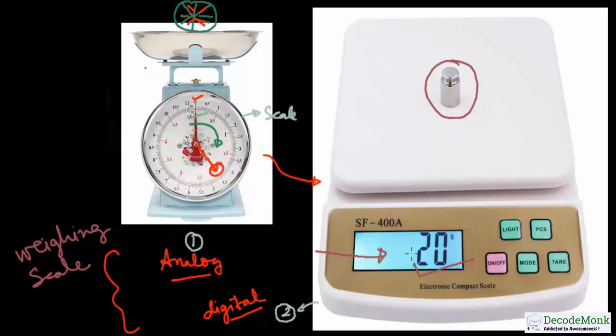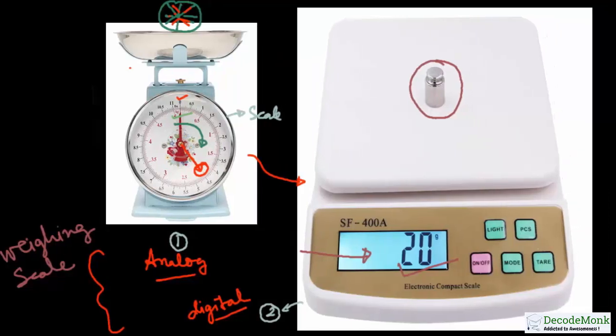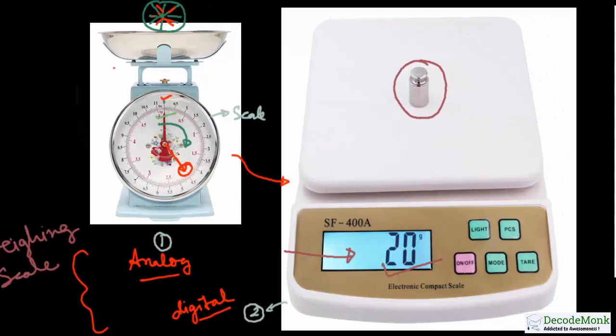The weight is shown on the digital display panel. These are all the types of scales that you will see in markets and also in your questions.